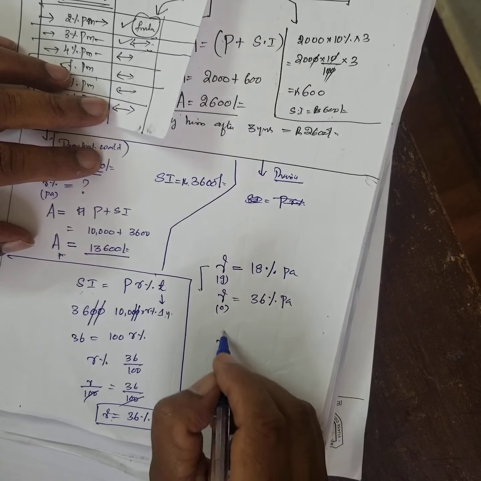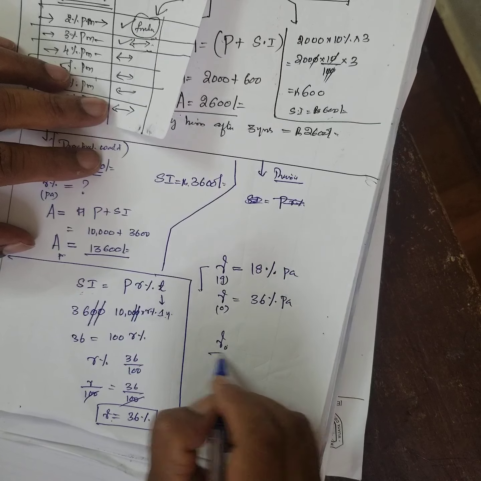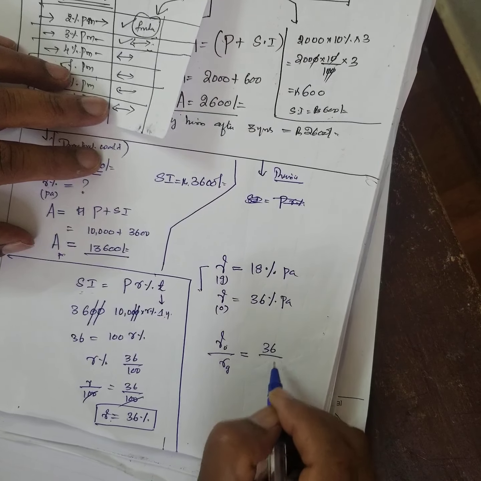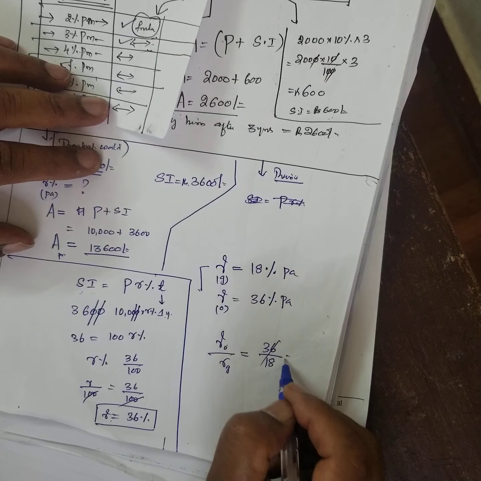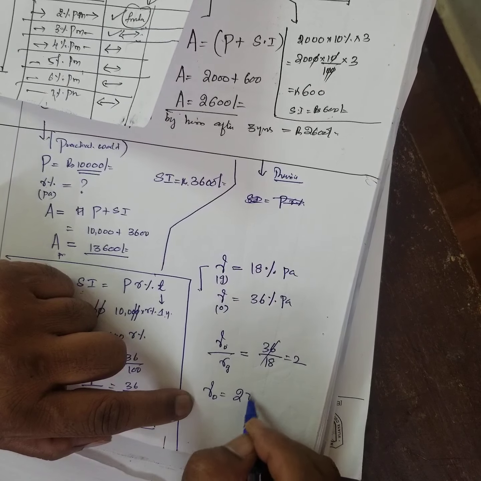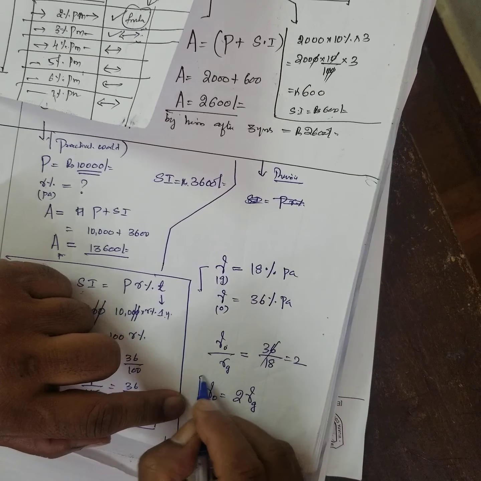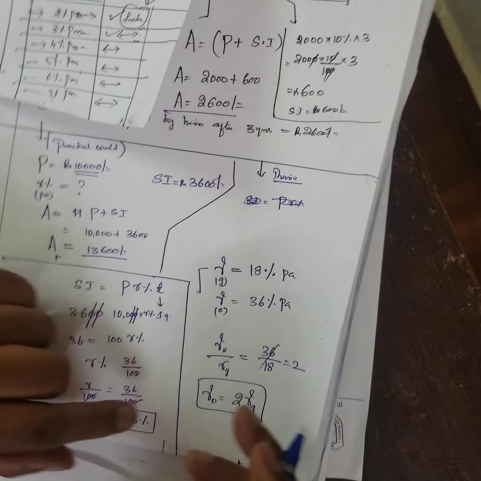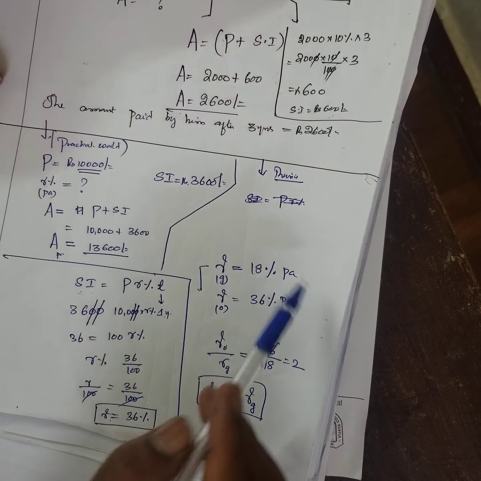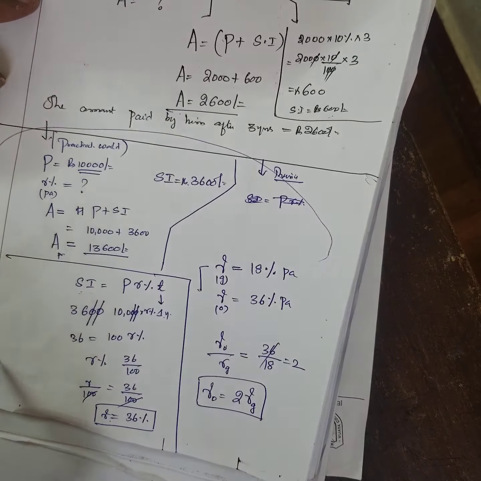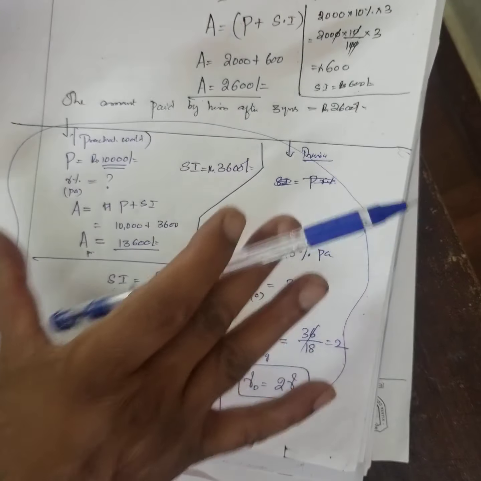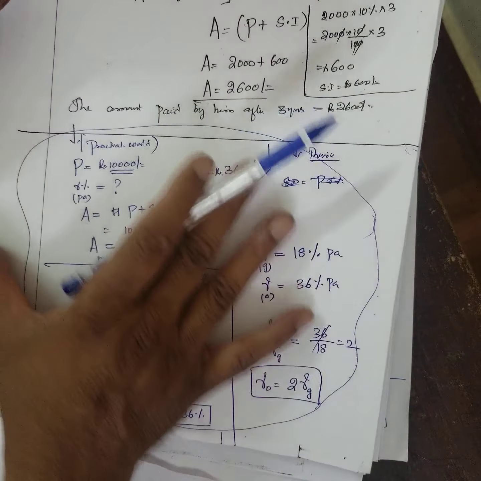If you compare rate of interest outside by rate of interest government, what will you get? 36 by 18, 2 times. Therefore, rate of interest outside is equal to 2 times the rate of the government. This is only the simple interest analysis.